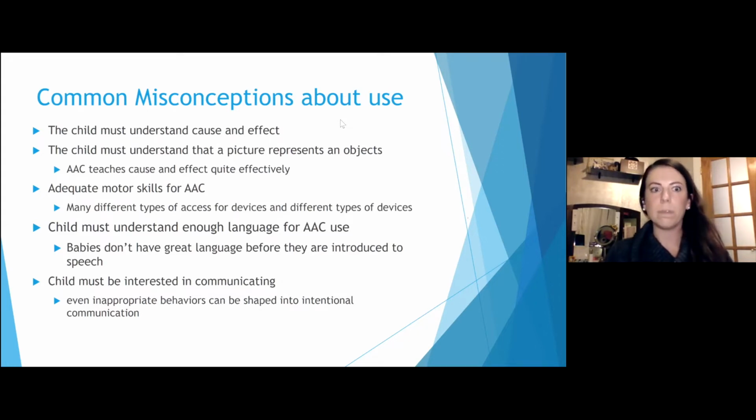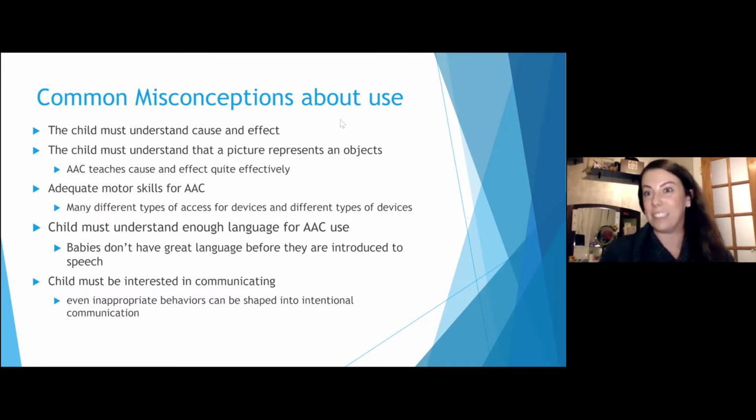And then child must be interested in communicating. If you are introducing an AAC device and this child hasn't necessarily been able to have their needs adequately met, or has been able to have their needs met maybe by gesturing, but not necessarily effective with all adults, and now you're giving them a device, that doesn't necessarily mean that they're going to be interested in communicating or using that device.